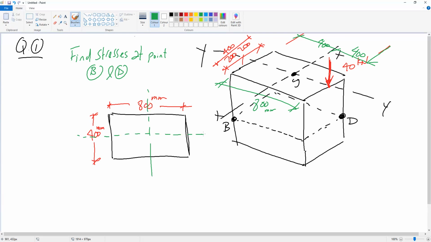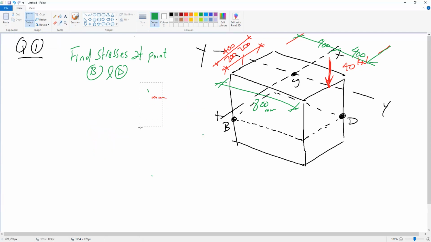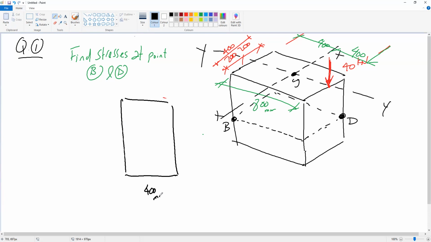So I will just need to rotate this one. Okay, I will do it again. Because the x-axis is the horizontal axis, just to match with what we have done before. So this is our cross section. The dimension is 400 millimeter times 800 millimeter height.